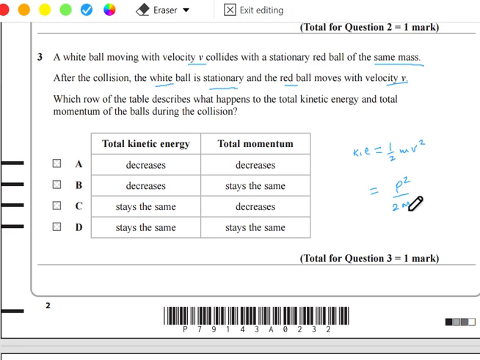So if m is the same, momentum is the same, and kinetic energy is the same.